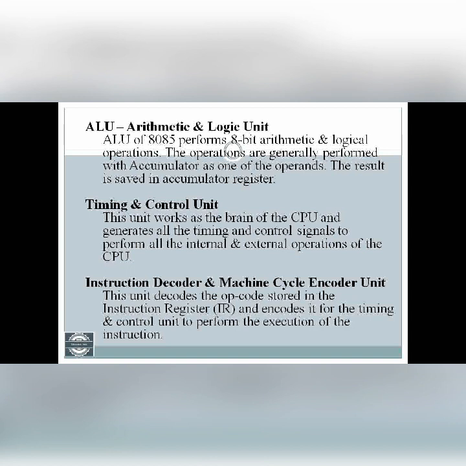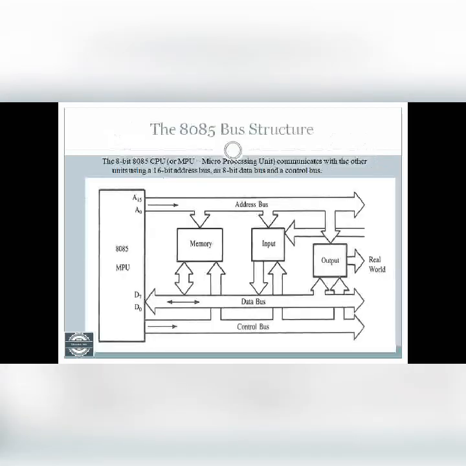If you have these details, then the instruction registers will give you a detailed idea about the Intel 8085's architecture. See here the bus architecture or bus structure is shown. This is the 8085 microprocessor. Here the A0 to A15, the 16 address lines go.